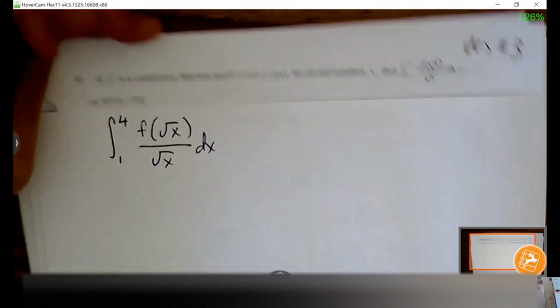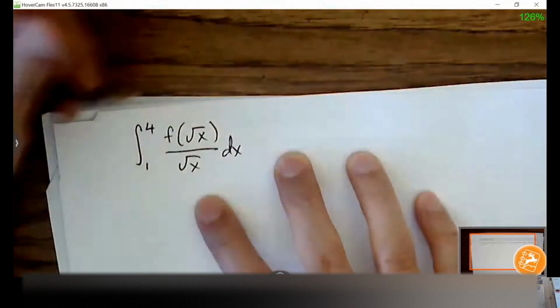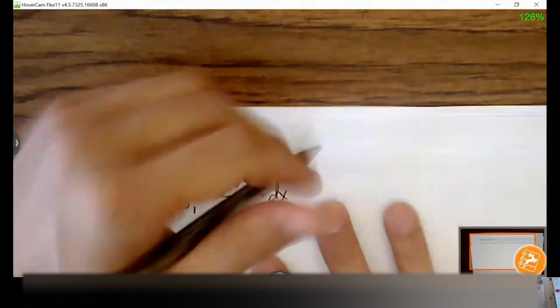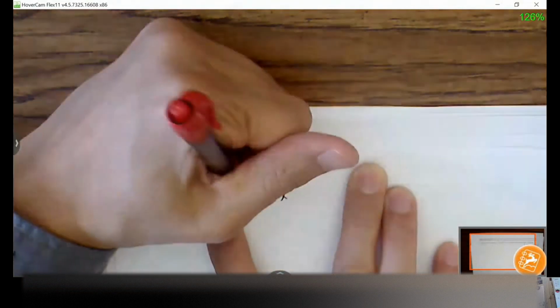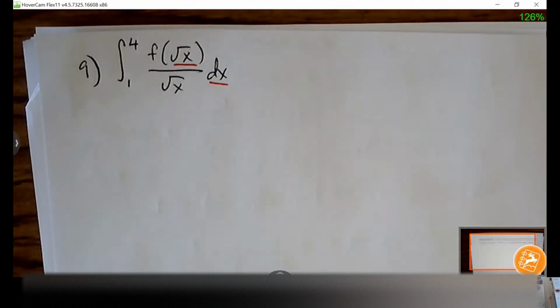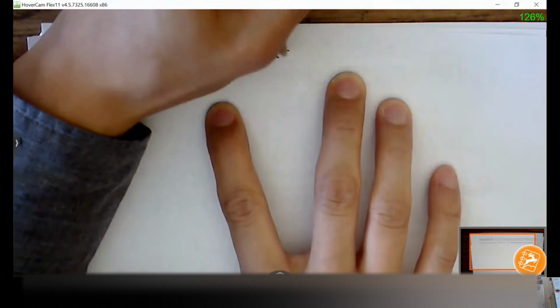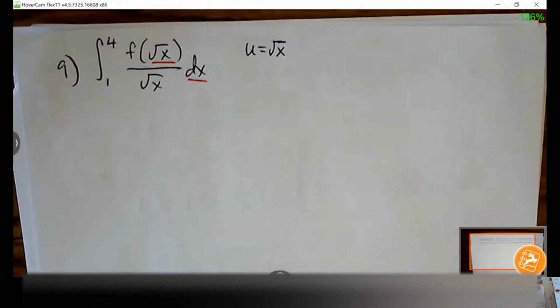All right, we'll go through u substitution. I'm going to underline the pieces that we're going to handle first, and then we'll let the dust settle and figure out where to go from there. Square root of x, same thing as x to the 1/2.